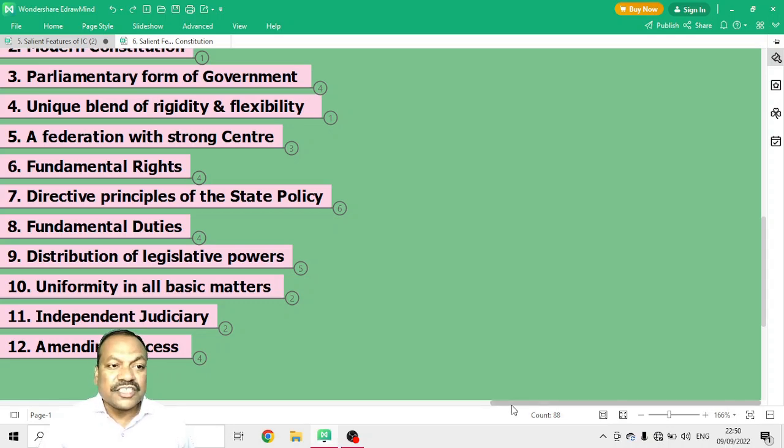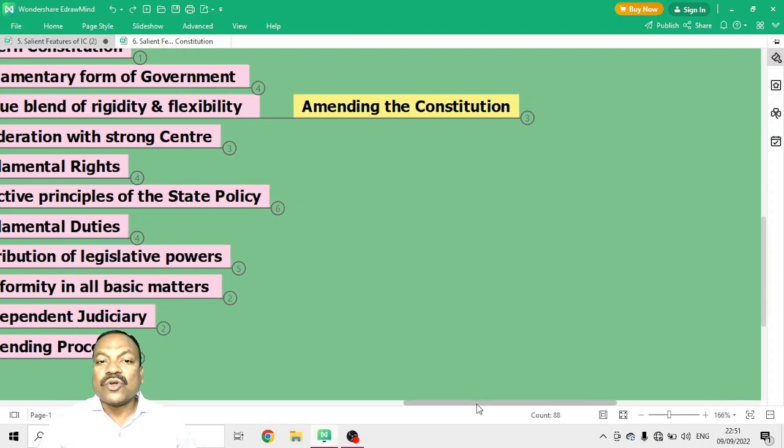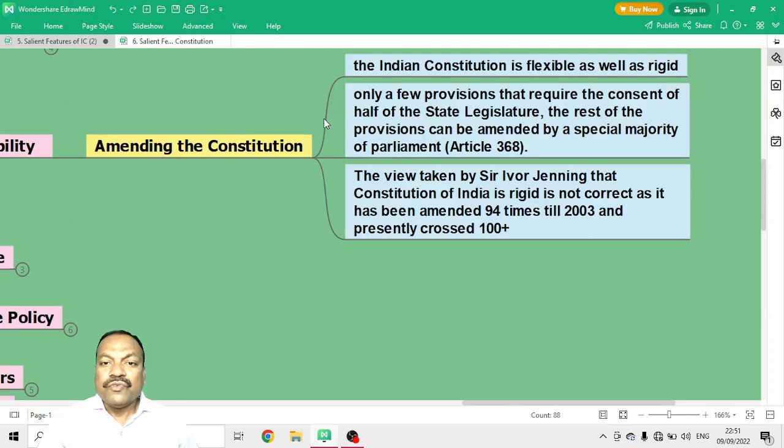Now, the fourth characteristic which we are going to discuss here is that our constitution is a unique blend of rigidity and flexibility, as far as the amending power of the constitution is concerned. In our constitution, we have certain provisions which can be amended.